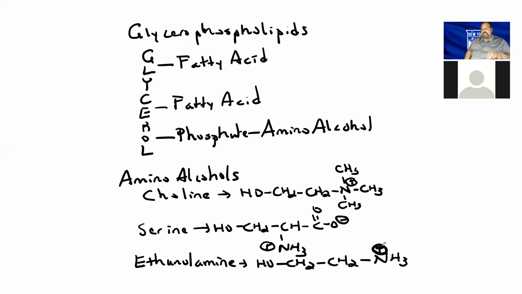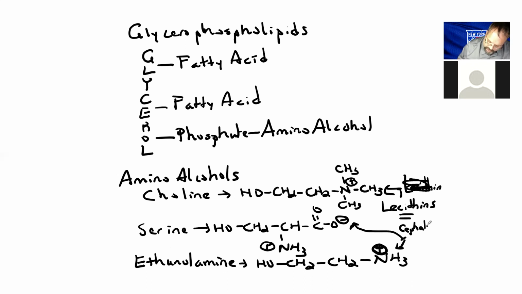Okay, so you have to be able to recognize these 3 structures, because choline is the amino alcohol that you find in glycerophospholipids that are classified as lecithins, and ethanolamine and sometimes serine are the amino alcohols that you find in the glycerophospholipids known as cephalins.